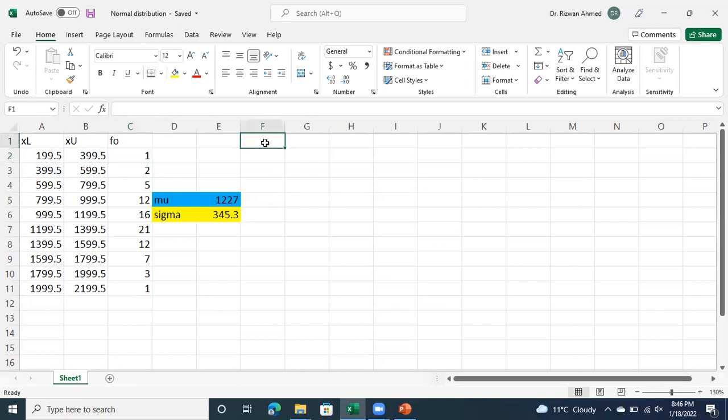For these values, for a normal distribution, for every class, I can define in standard z-score the lower limits and the upper limits as ZL and ZU.